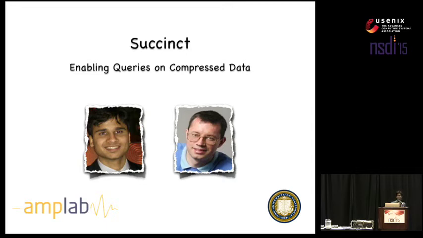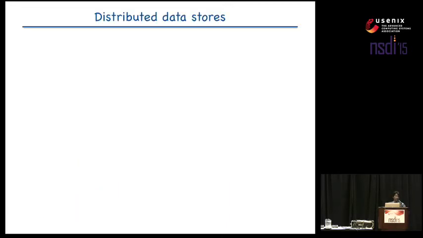So let me start with why. The main application that we wanted to target was distributed data stores that a lot of cloud services use today to build different kind of services.